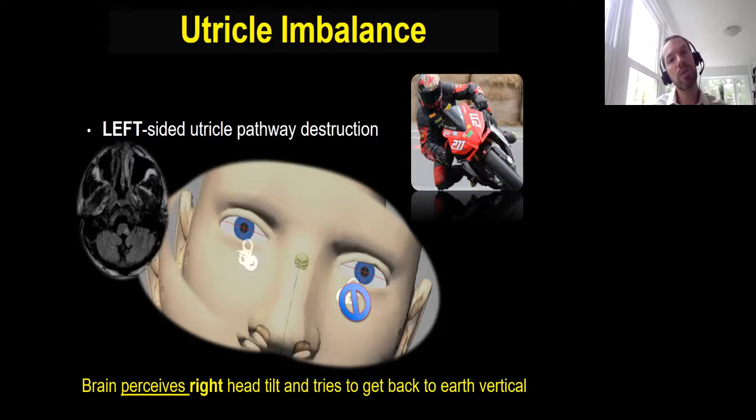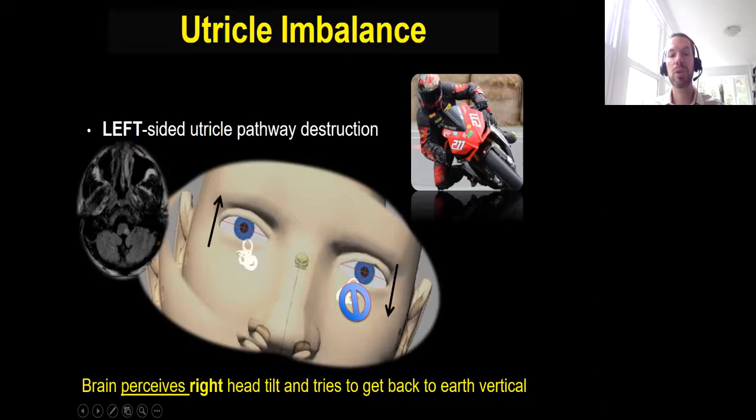So instead of going from right to center, they're going from center to left. This is what they now think is their gravitational vertical, even though that's not the case. So this is a pathologic ocular tilt reaction, but it is also compensatory in a way. It's the brain trying to get back to gravitational vertical, what it perceives to be gravitational vertical.